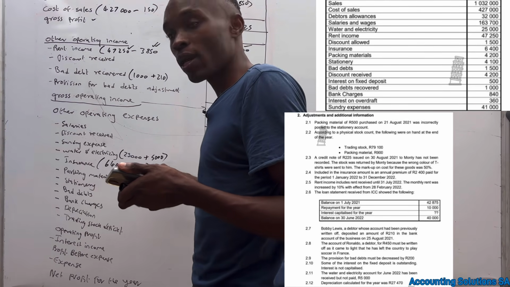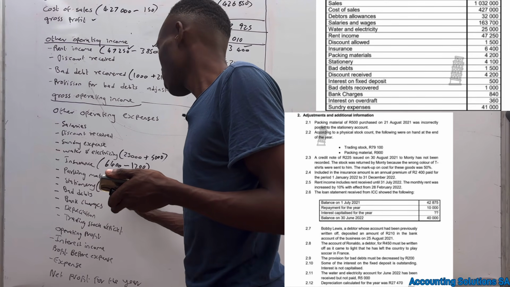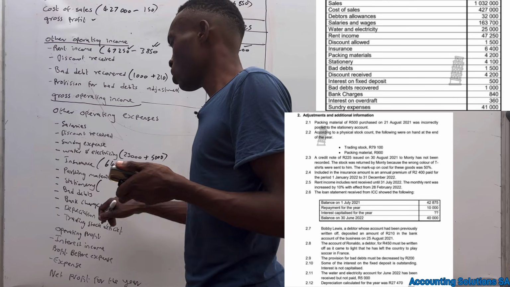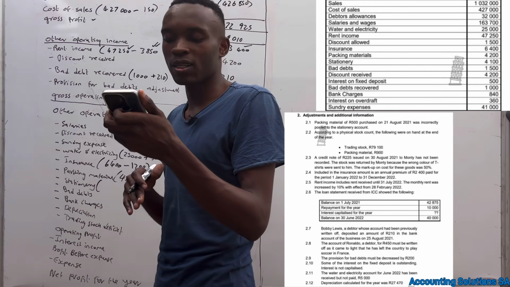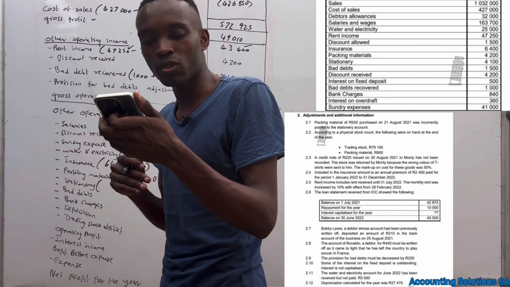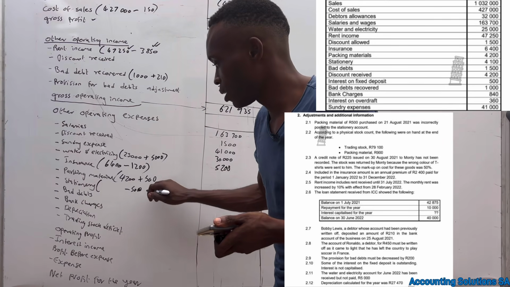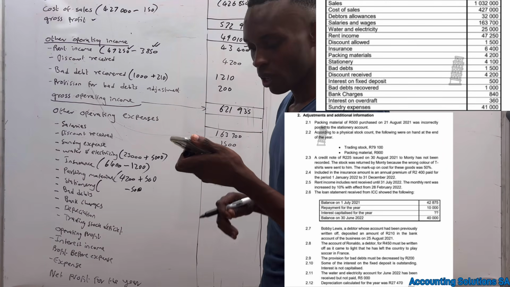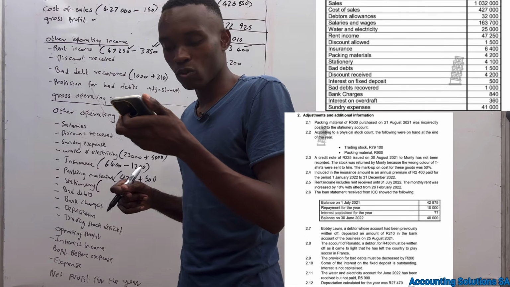Under packing material we are adding, then under stationery we will go and subtract 500, because it does not belong to stationery, it belongs to packing material. Packing material purchased was incorrectly posted under stationery. That's why we subtract here and add here. Very simple. And now before we proceed, for packing material we have 2.2.